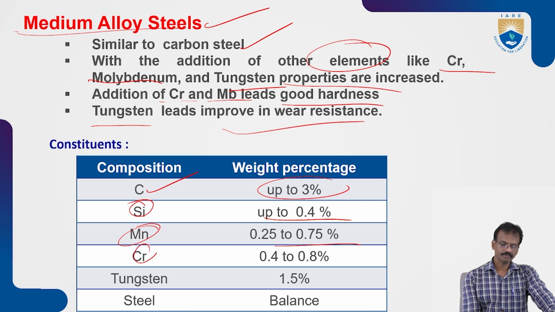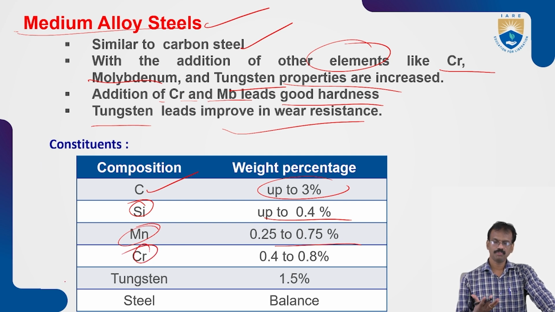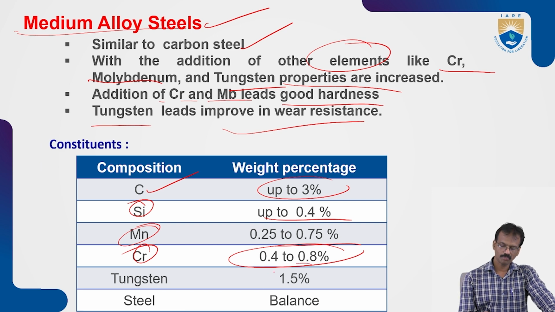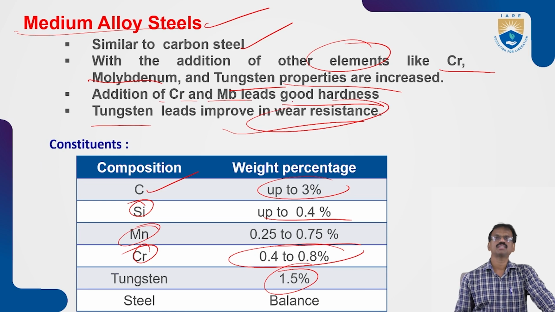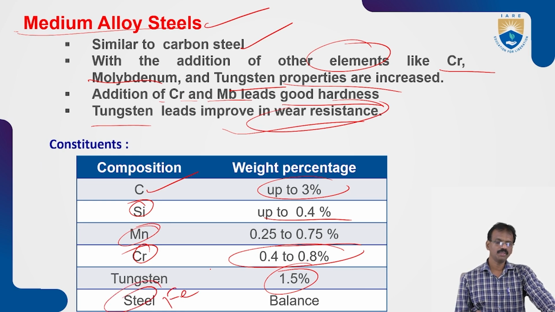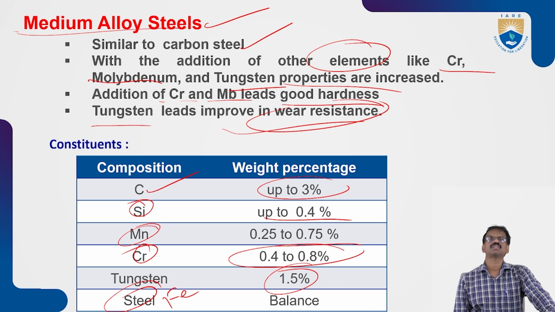Chromium, which is used to improve the hardness of the material, is 0.4 to 0.8. Tungsten is 1.5 percent, very important, as it improves the wear resistance. The remainder is ferrous. So this is the chemical composition of the medium alloy steels.